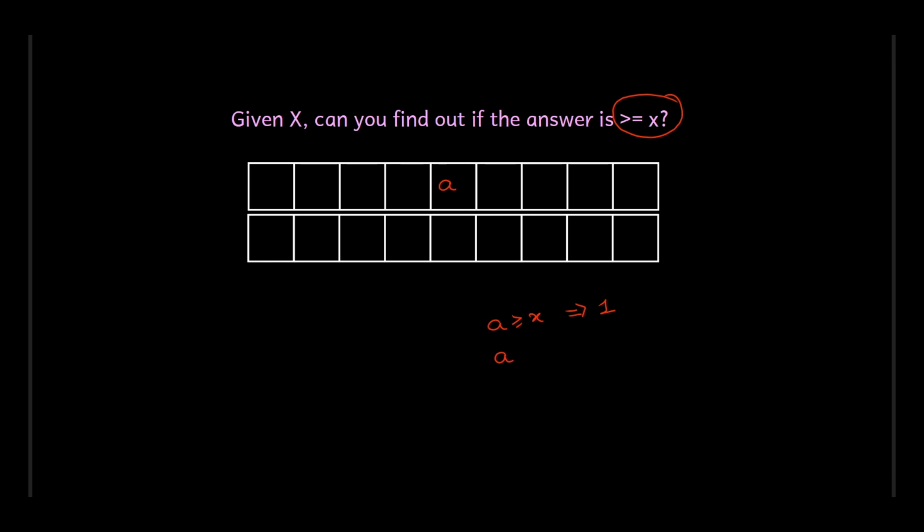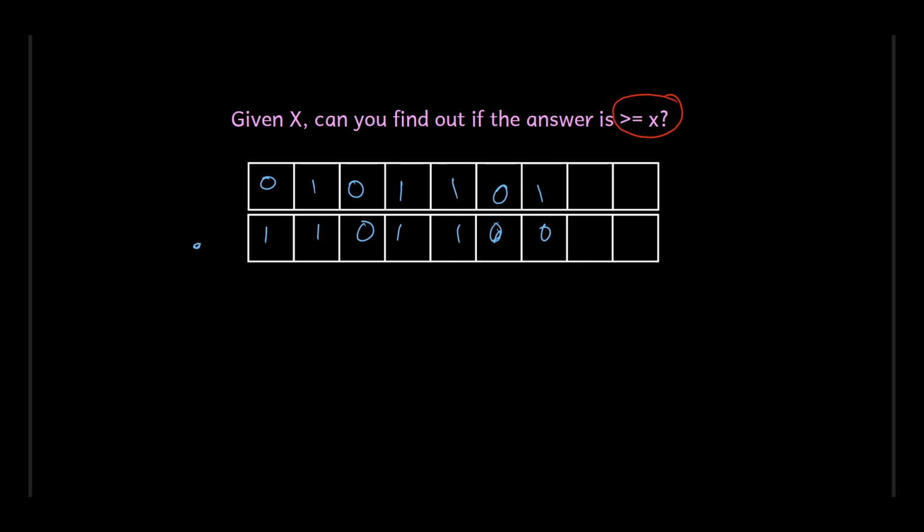But if a is strictly less than x, you replace it with a 0. So now we are moving into known territory, a binary string consisting of zeros and ones. After this conversion, it could look like 0 1 1 1 0 0 1 1 1 1 0 1 0 0 1 0, and so on.